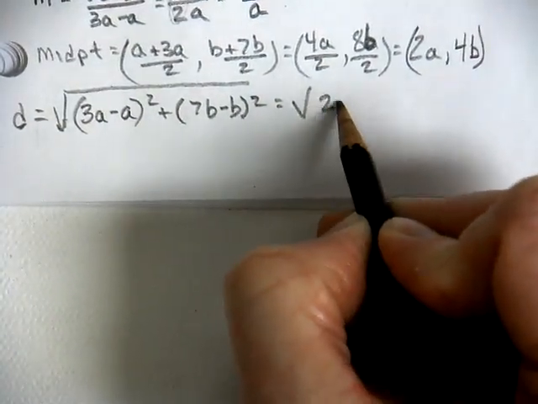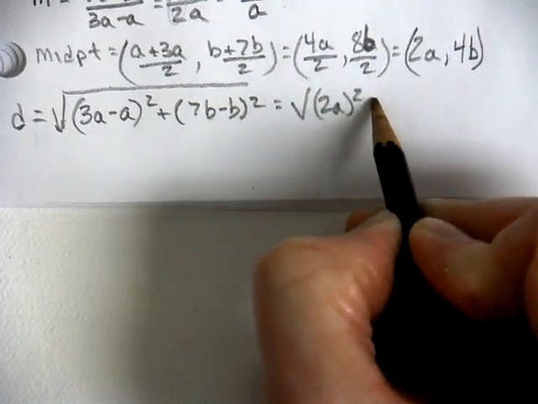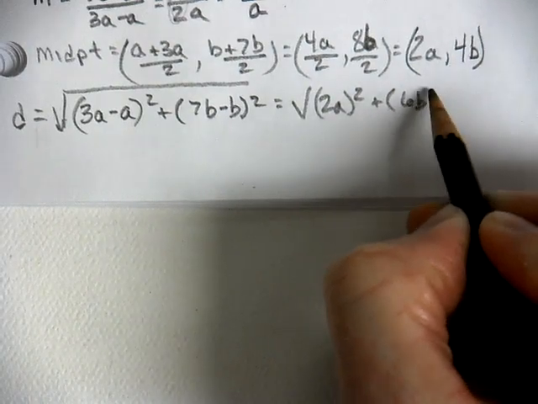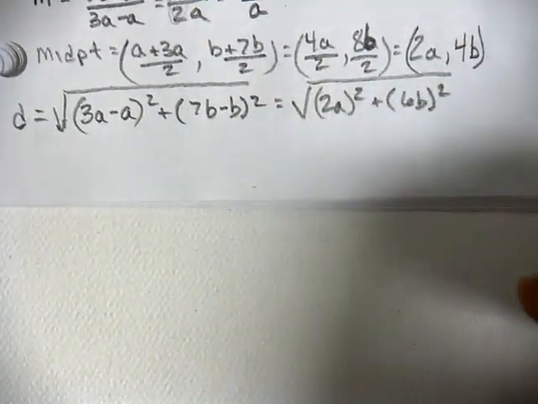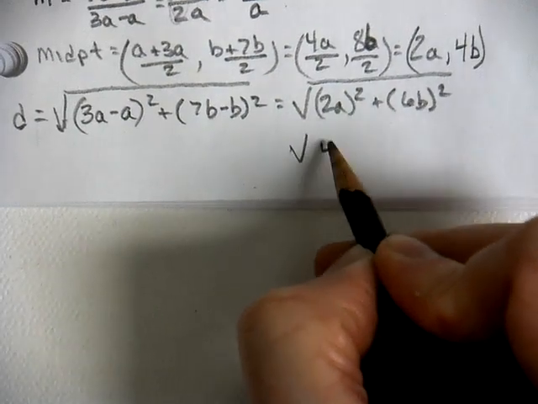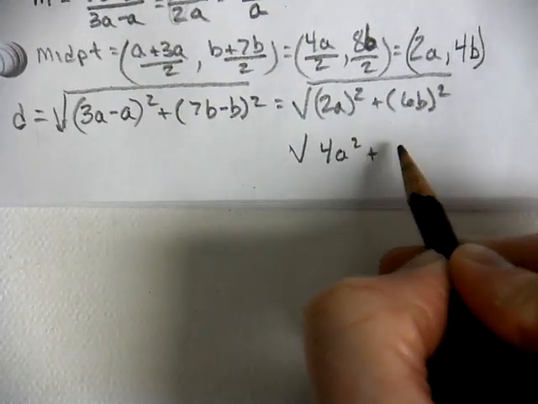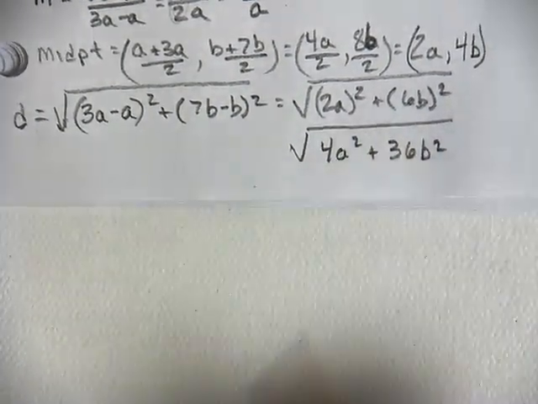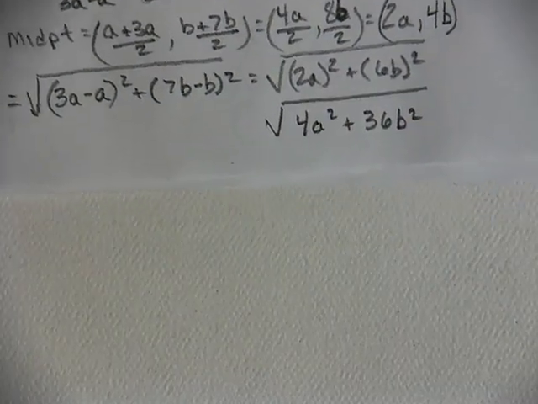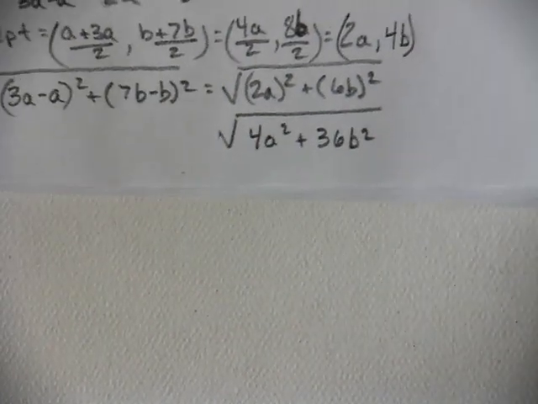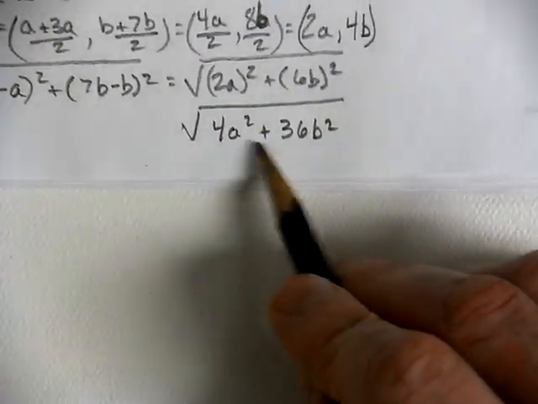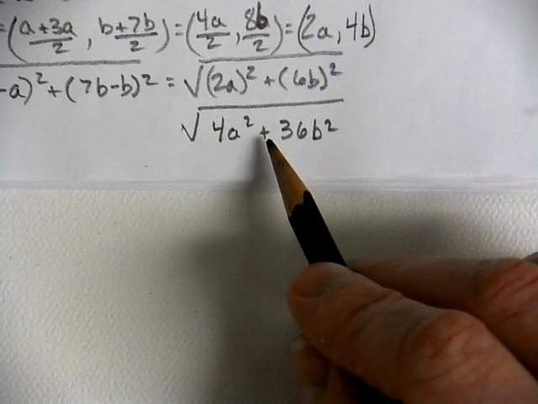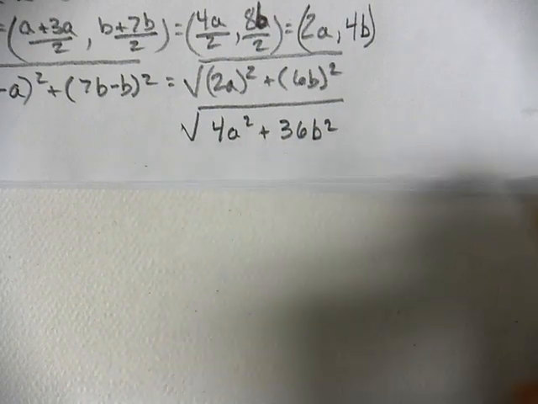That gives us 2a quantity squared, and that gives us 6b quantity squared: 4a squared plus 36b squared. And there, we cannot simplify that. Because of the plus, you cannot break that apart. You cannot take the square root.